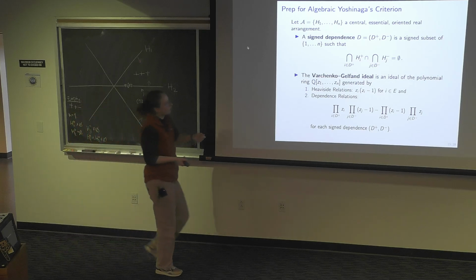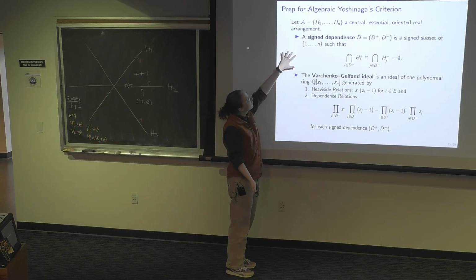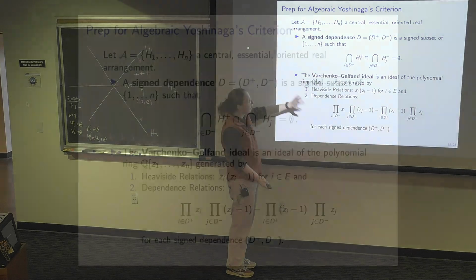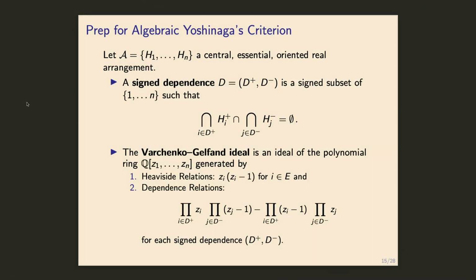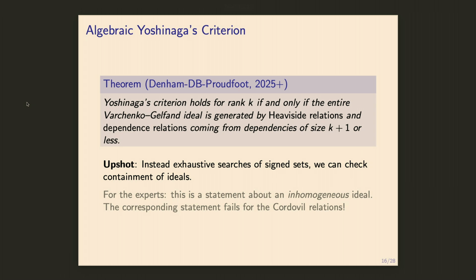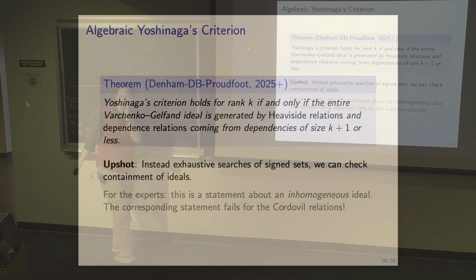What I want to show you is that to translate Yoshinaga's criterion into an algebraic setting, the Varchenko-Gelfand ring is somehow the right place to do it. We can prove mathematically that if Yoshinaga's criterion holds for rank k, then the Varchenko-Gelfand ideal is generated by those Heaviside relations, so if you multiply two disjoint half spaces, that's 0, plus the dependence relations coming from dependencies of size k plus 1 or less.